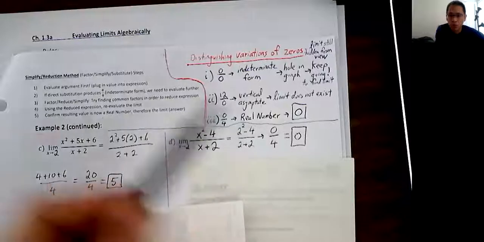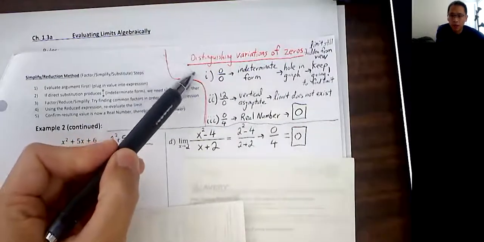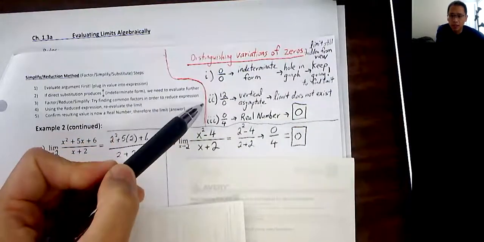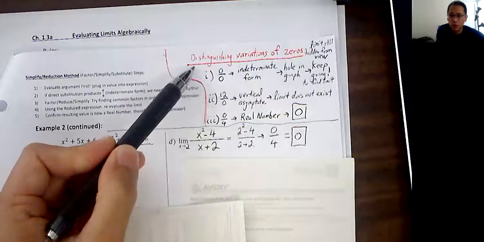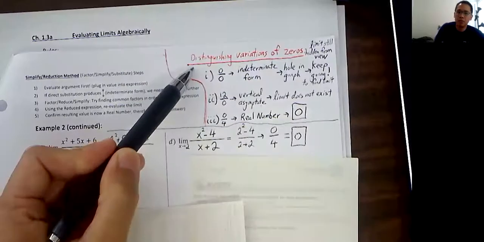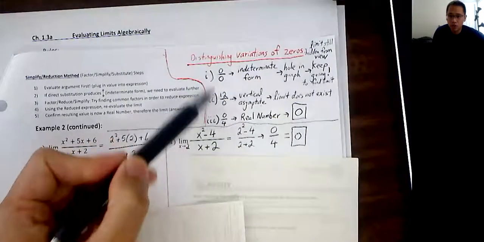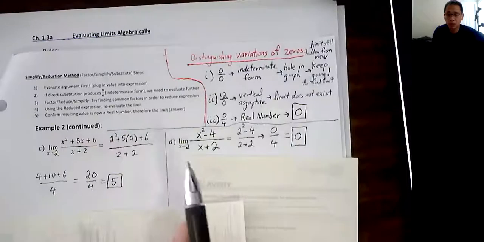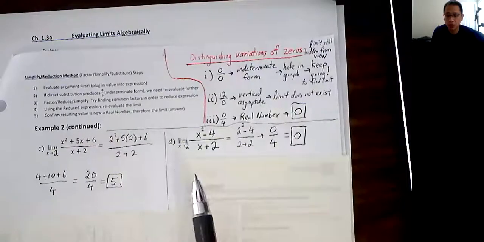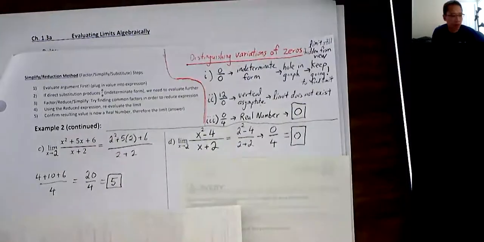Now, I do want to make sure that we can distinguish between variations of zeros. All these look kind of similar, but these subtle differences have a big impact in terms of how we interpret them.